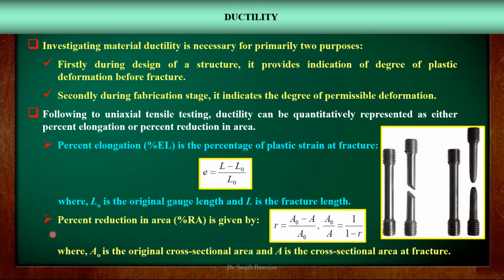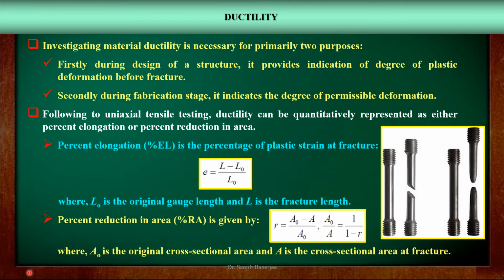Secondly, the percent reduction in area is denoted by R, which is equal to the change in cross-sectional area, A naught minus A, divided by A naught, the original cross-sectional area.